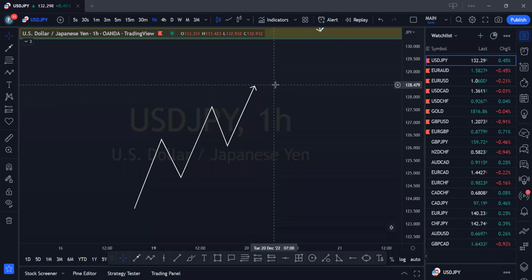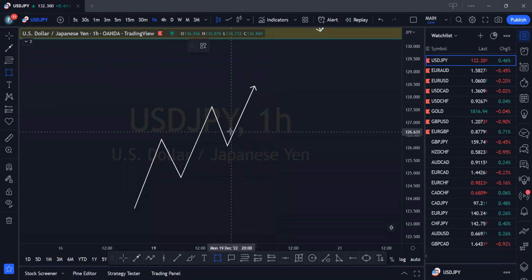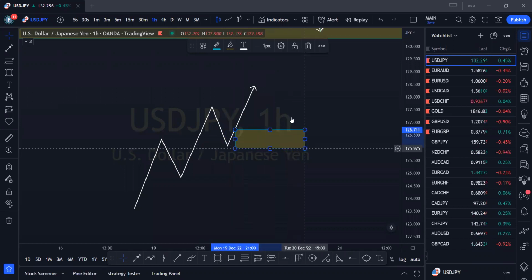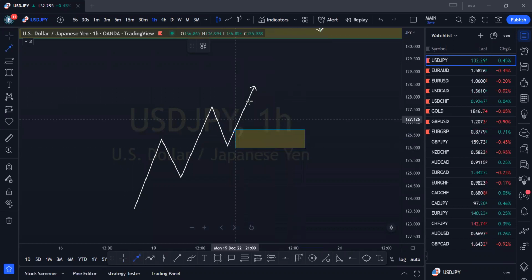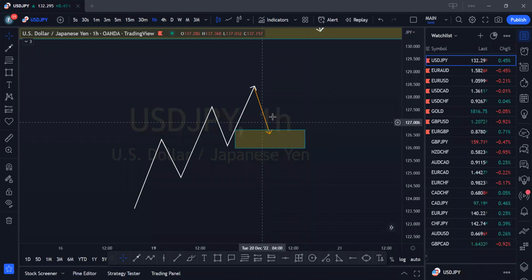The safest way to buy in an uptrend is to wait for price to retrace into a demand zone over here. So you wait for price to retrace here. Once price retraces, then you start looking for buy opportunities.